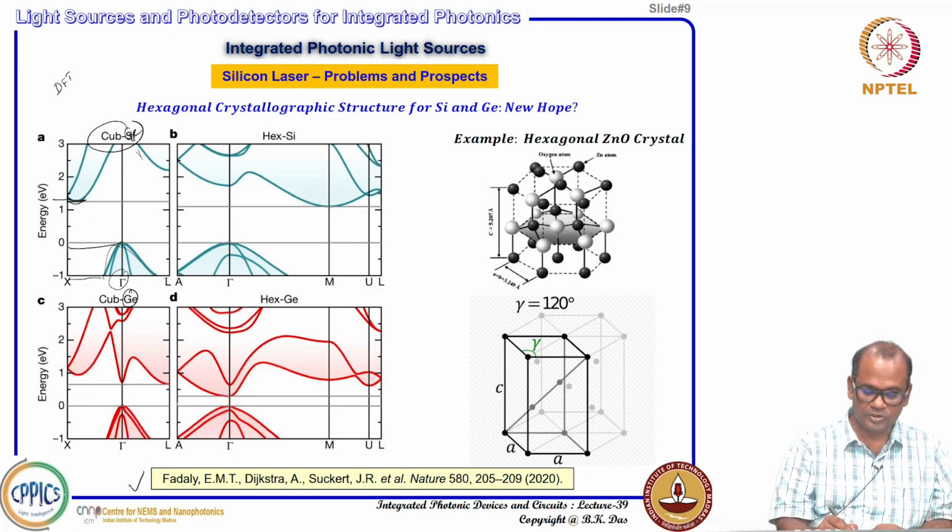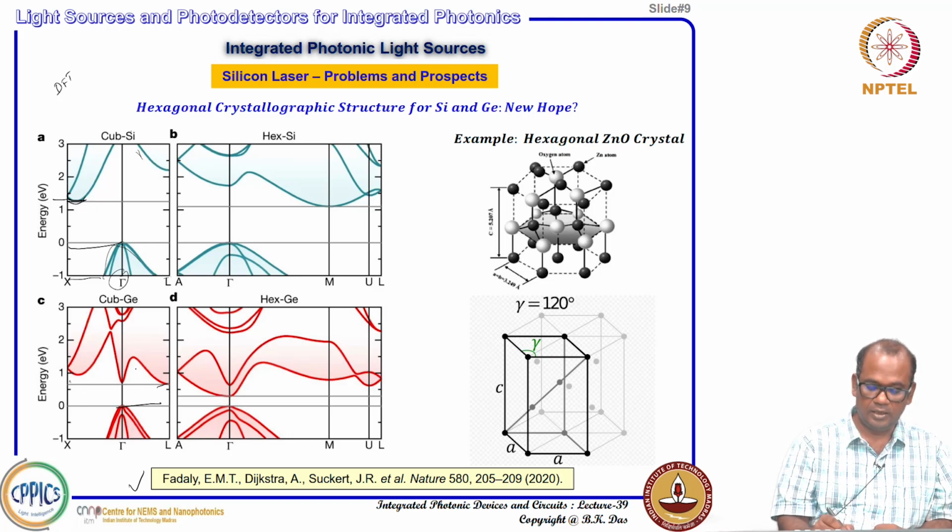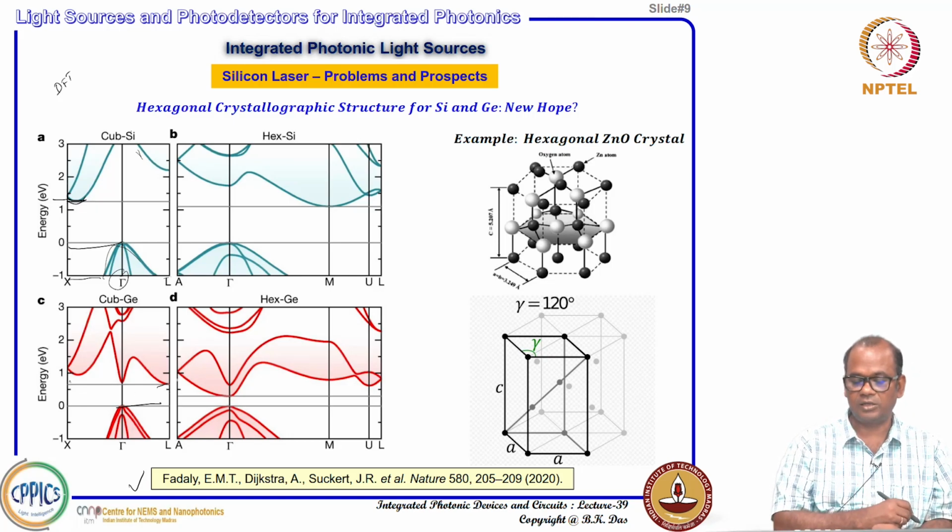For germanium, this to this is the band gap, which is less than 1, about 0.65 electron volt or so. So for germanium you have the L valley in the conduction band minimum.